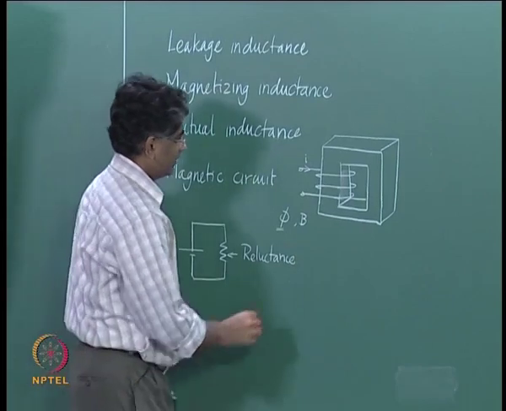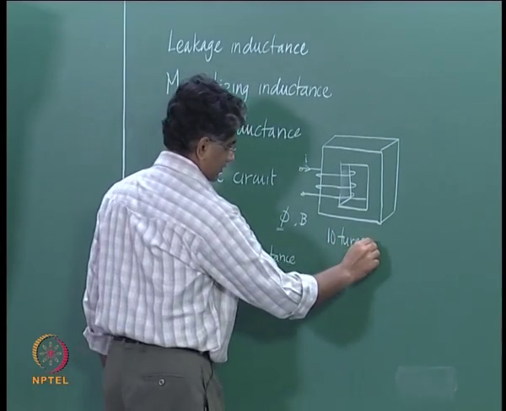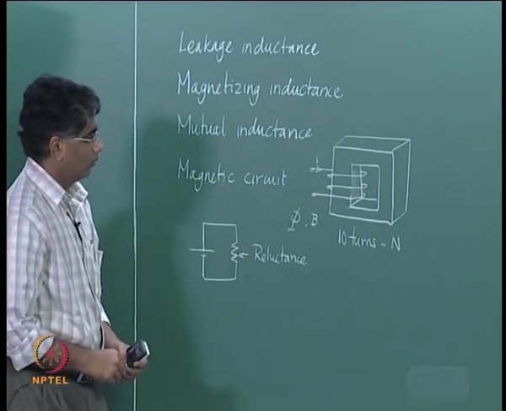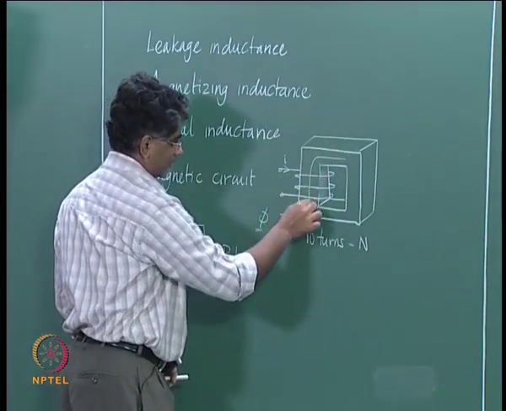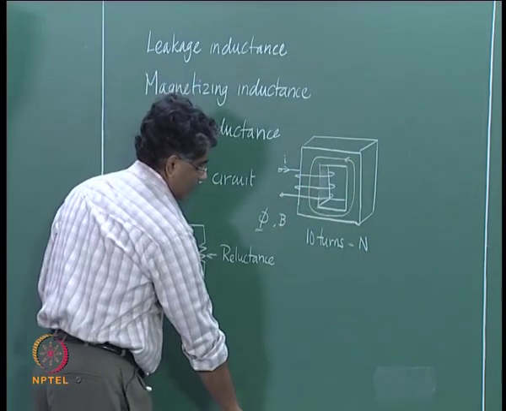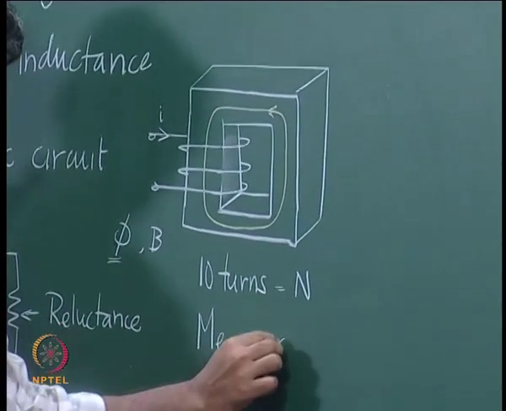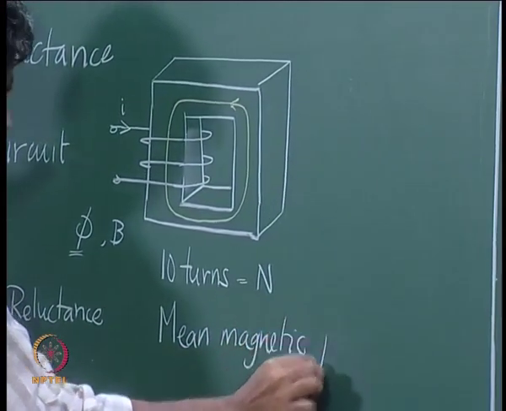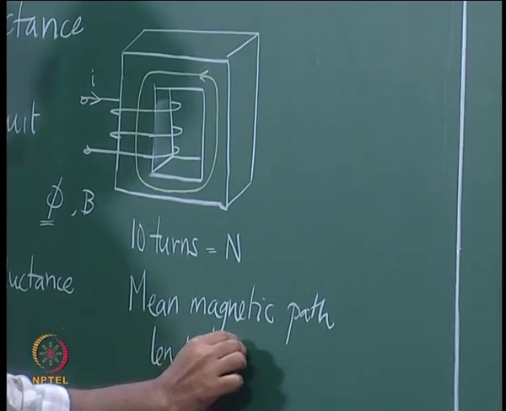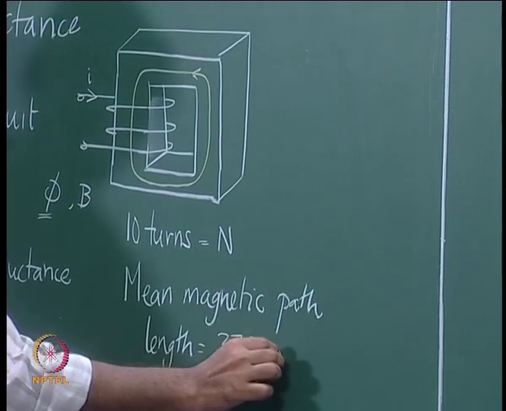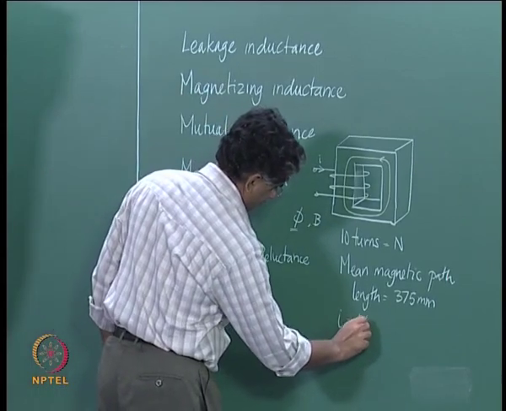Let us say that this coil has 10 turns, that is the number N, and then if you excite it, flux flows around this path, and the mean length of this flux path, which is called the mean magnetic path length, let us say is 375 mm, and I is 6 ampere.